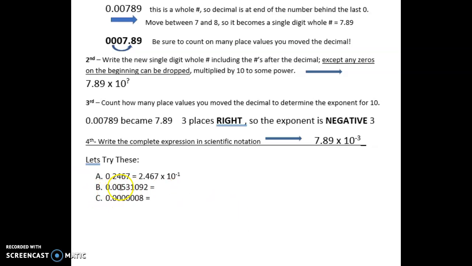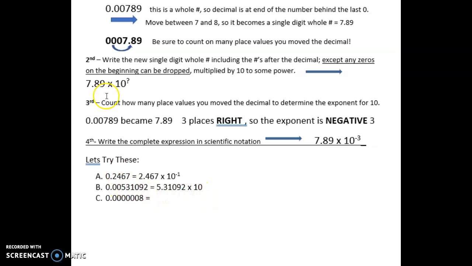Here I have 0.0053192. I need a whole number in between 1 and 9, so I'm going to have 5.3192. Remember, all of those numbers are still important. They have value in those place digits. So I have to continue using all of these numbers, unless the question tells me to round. So we have 5.3192 times 10 to a certain power.